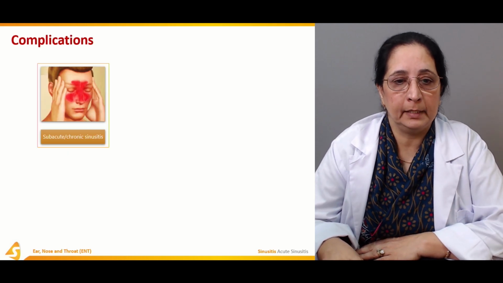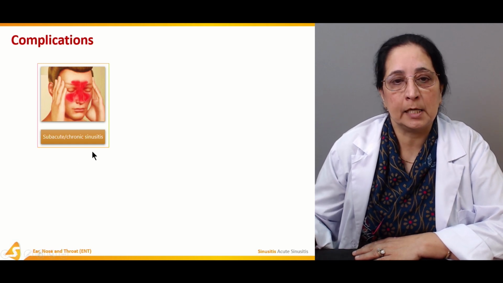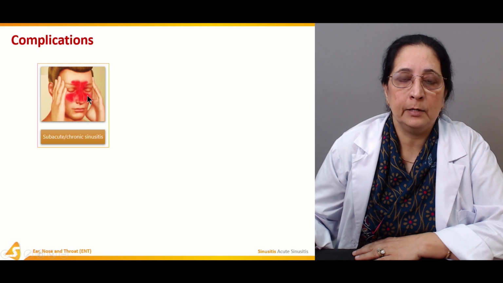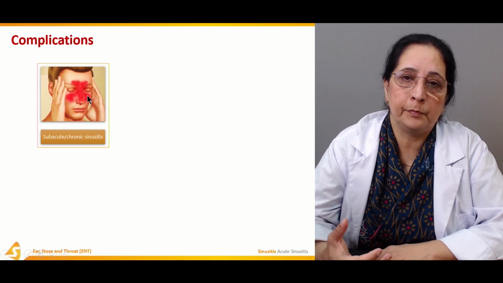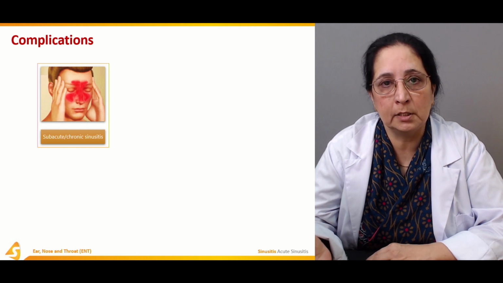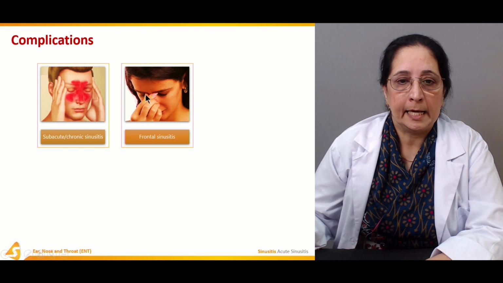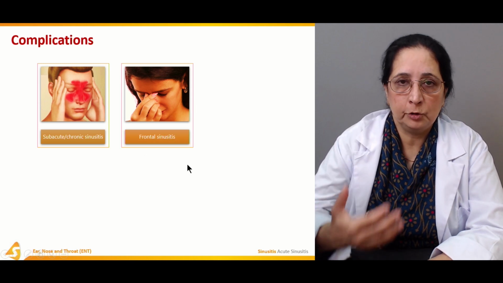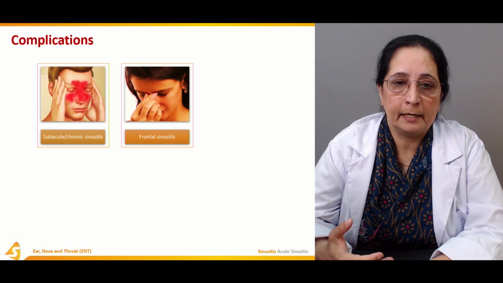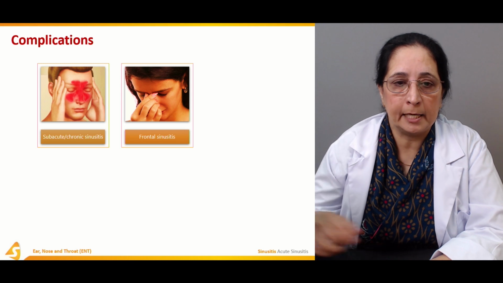Complications are subacute and chronic sinusitis. If the sinusitis is not treated properly, it can lead to chronic and subacute sinusitis. It can also spread to different sinuses and affect the frontal sinus, leading to frontal sinusitis.